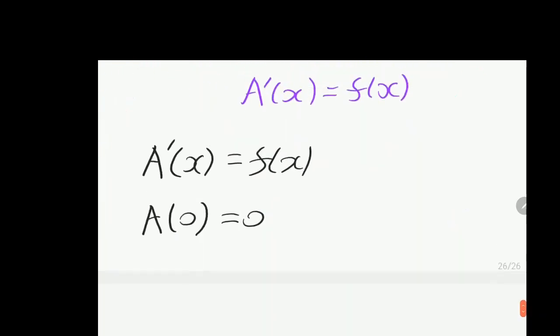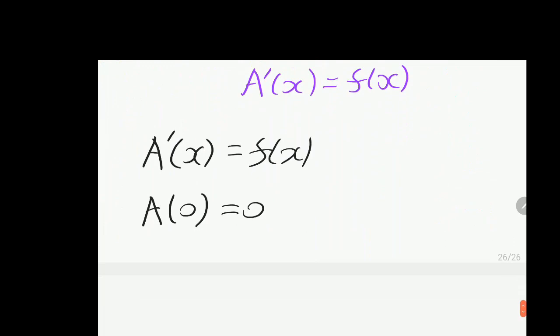So it turns out then that from this the area is uniquely defined.